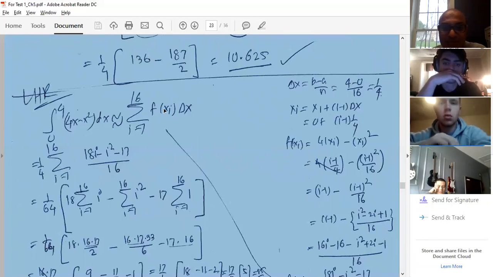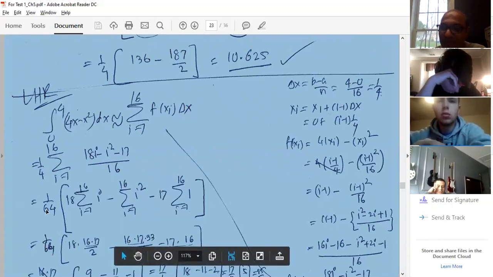So now I just plug in this value, f of xi: 18i minus i square minus 17 by 16, and delta x was fixed, 1 by 4, a constant value. I just pulled it out. Now again 1/16 is constant, let me pull it out. So 1/16 times 1/4 is 1/64 outside the summation sign.